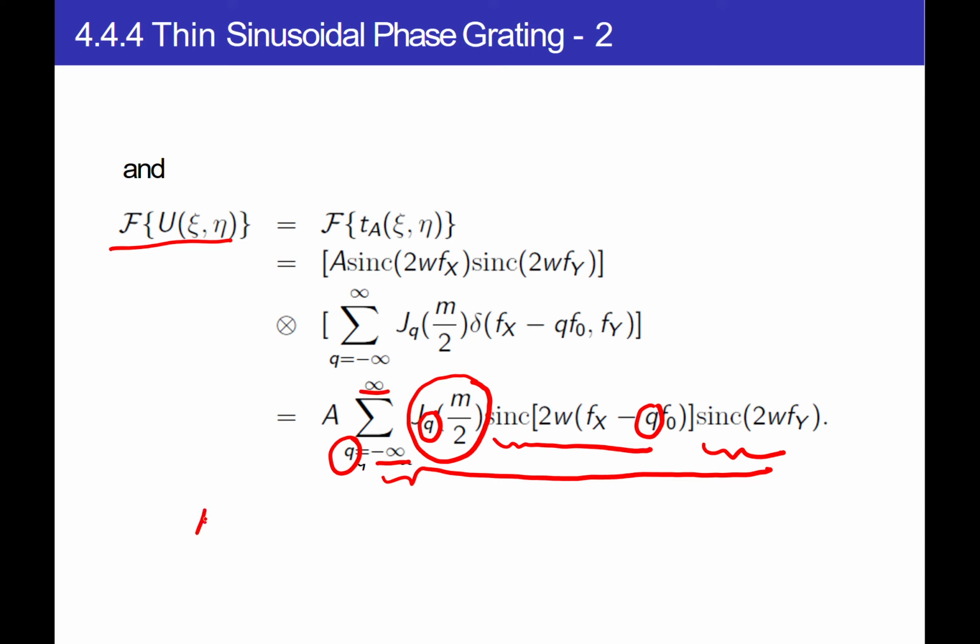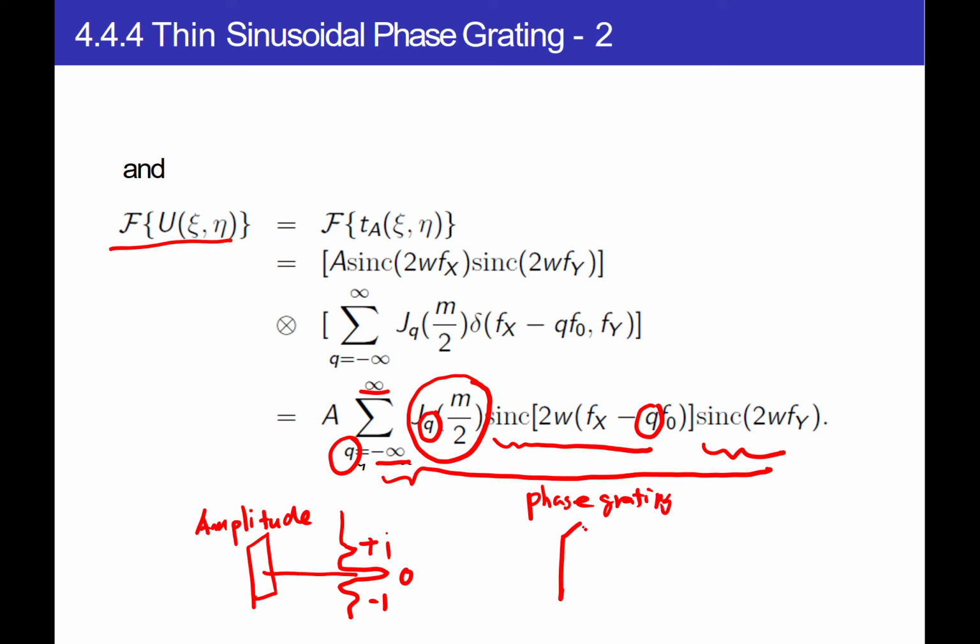Note that with the amplitude grating, at best you can have the 0th order, 1st order, minus 1 order. But in the case of a phase grating, you have a very different case.